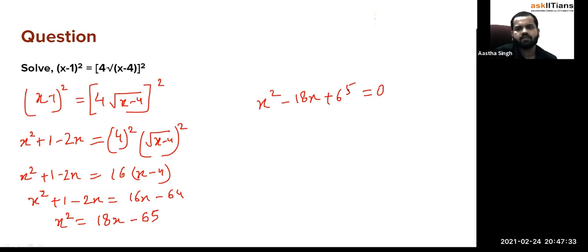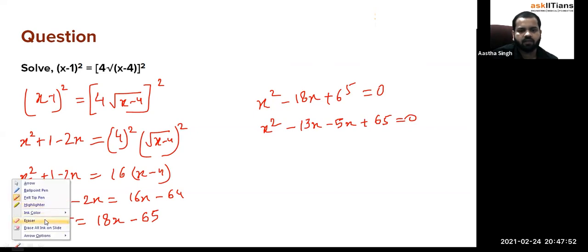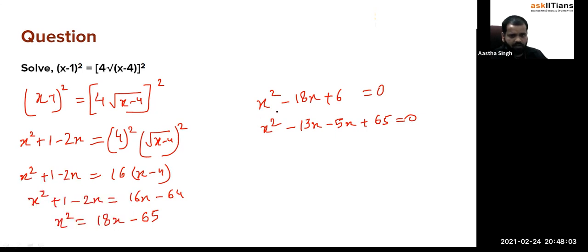So factorize the 65. You know you can do x square, you can split 18x into your 13x and 5x plus 65. We have factorized 65 in such a way that the prime factors become 13 and 5, and on addition they give 18, right?